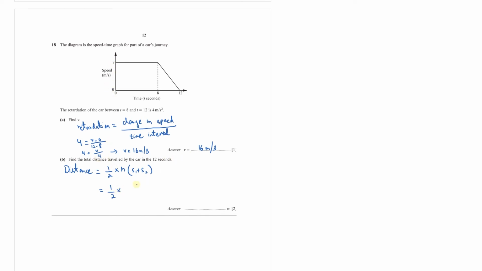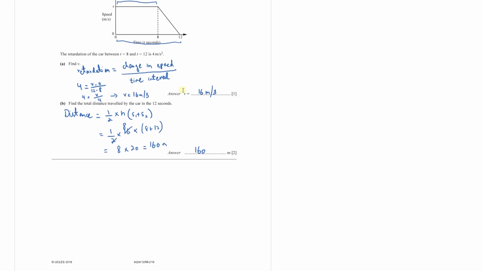We know that the value of v is 16, and the length of the two sides, one is from this point till this is 12, and the other side is 8. So this would be equal to 8 plus 12. So this cancels out and you get 8 into 20, which is 160 meters. So your answer is 160 meters.